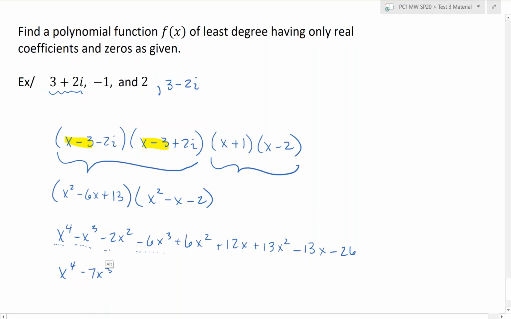I have negative 2x squared, positive 6x squared, that makes a 4x squared, plus 13x squared is a 17x squared. I have a 12x and a minus 13x, that's a negative x, and my negative 26 at the very last. And they've already named this as f of x, so we'll say f of x equals.